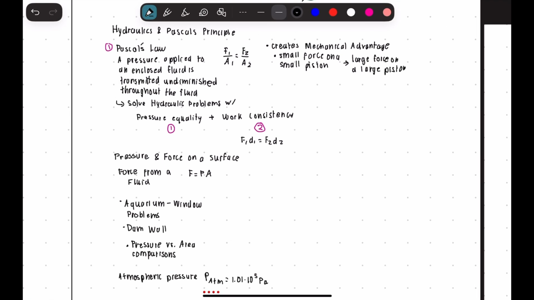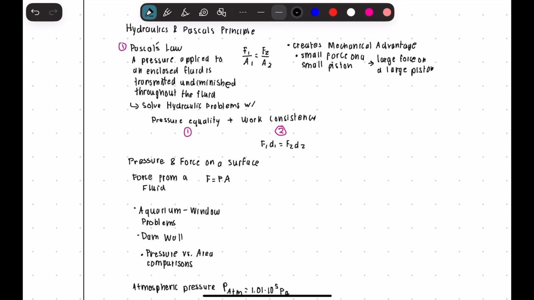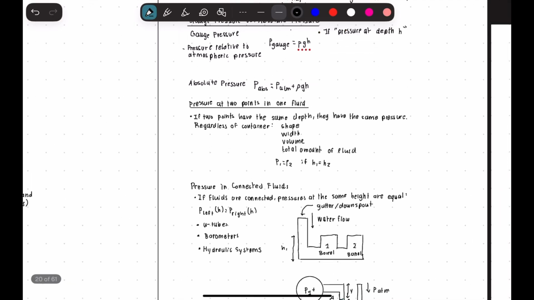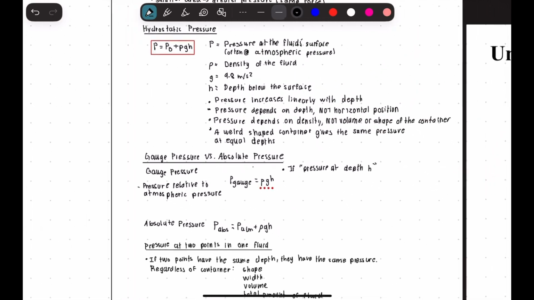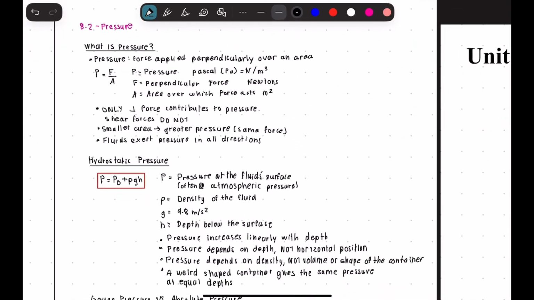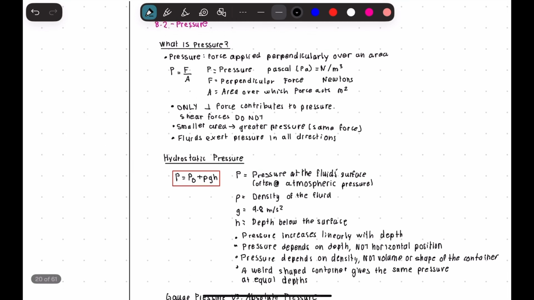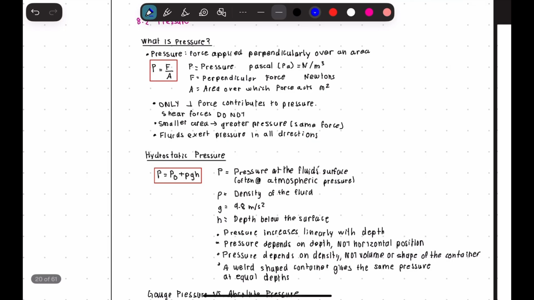So, let's go back up and review everything. So, basic pressure is P equals F over A. And what does this mean?